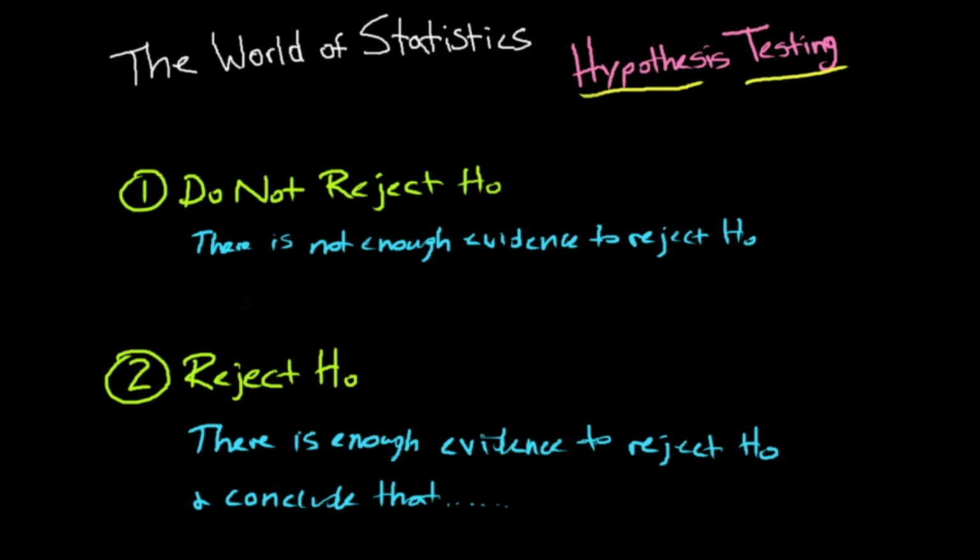Or we can say we reject the null hypothesis and we conclude that Huskies run faster than Labs based upon their run time, or something like that.